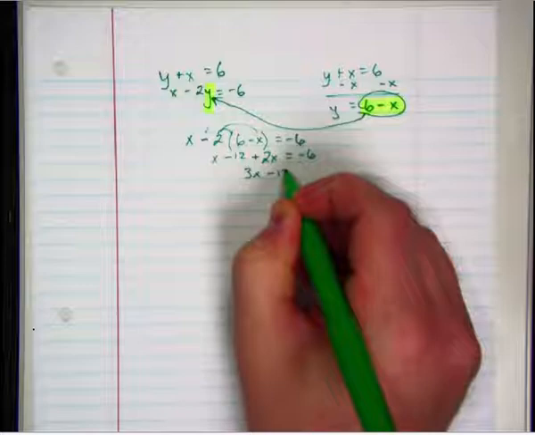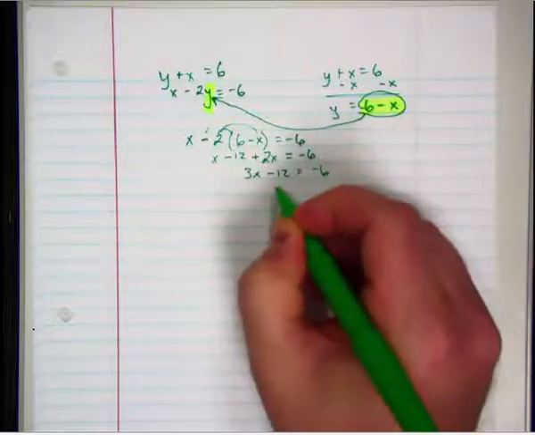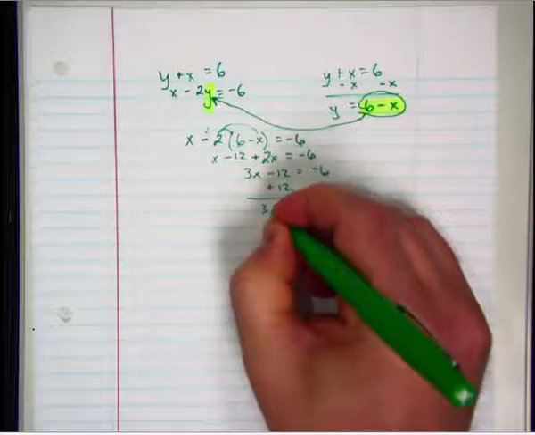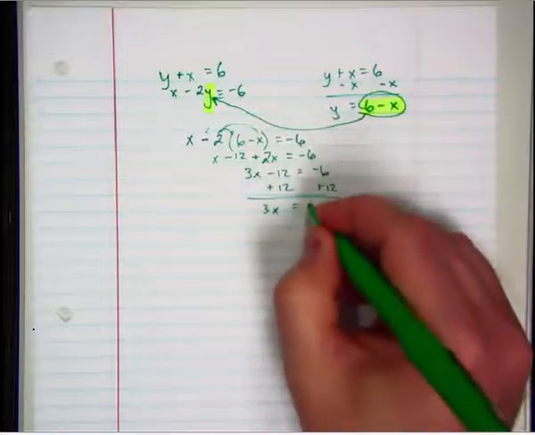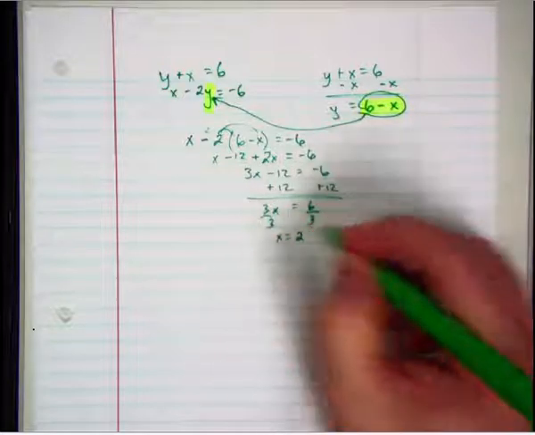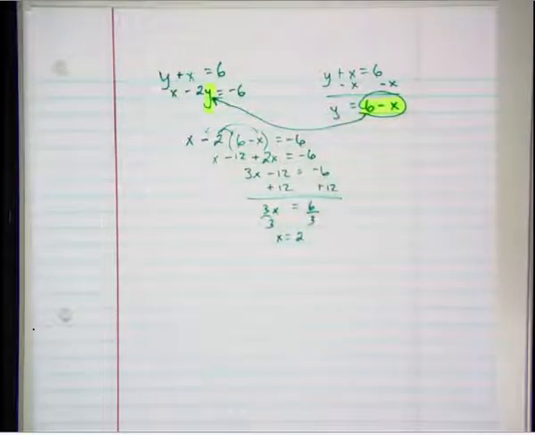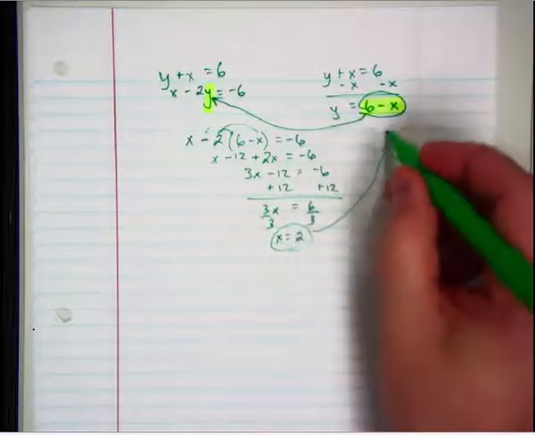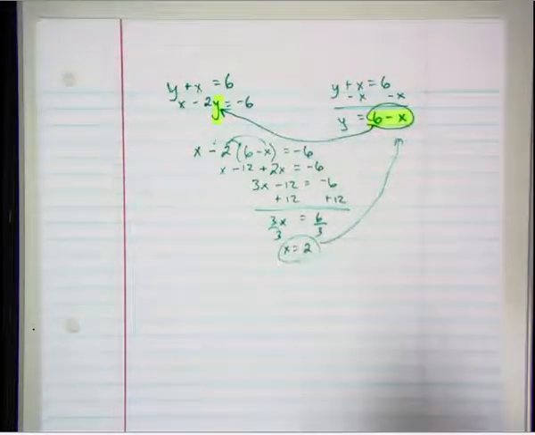We get 3x minus 12 equals negative 6. Add 12 to both sides. Get 3x equals 6. Divide by 3. Get that x equals 2. Well, now that I have x equals 2, I take this and sub it back into x there.